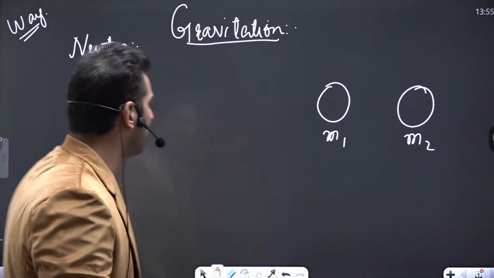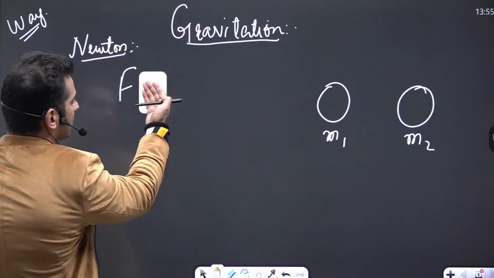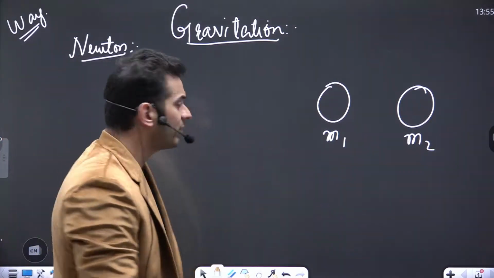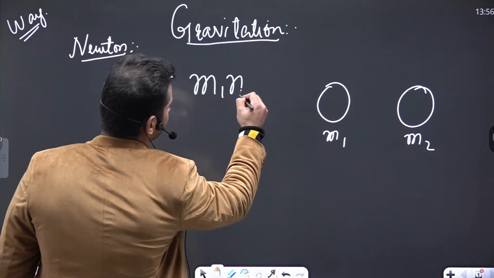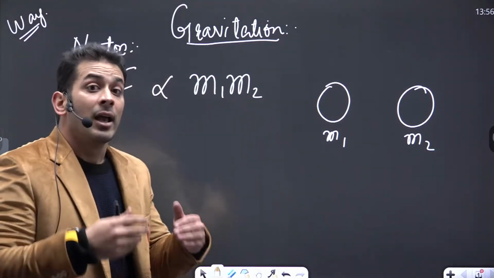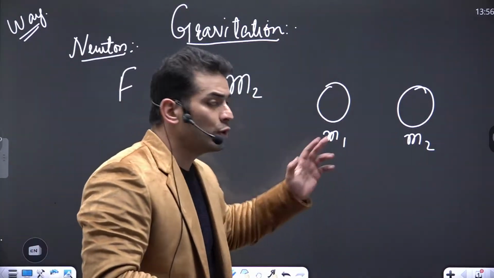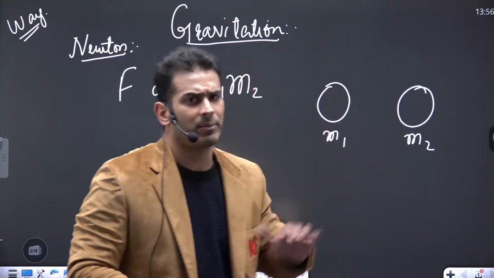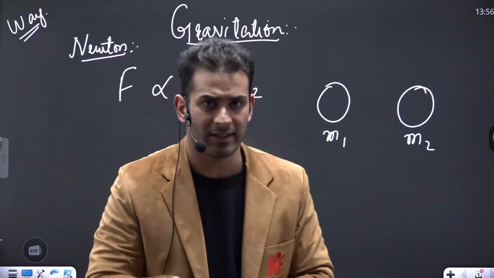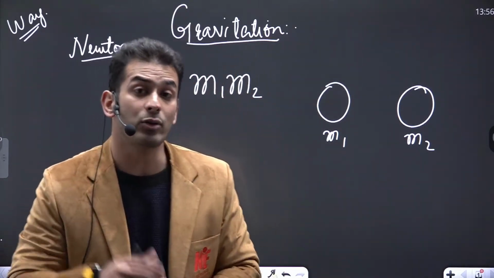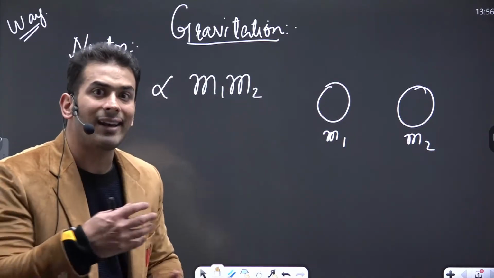It has been seen by Newton that the force of gravity between two masses is directly proportional to the product of their masses. That means when you have two masses, both larger, or both the same, for example 5 kgs, 10 kgs, the force of gravity is directly proportional to them.